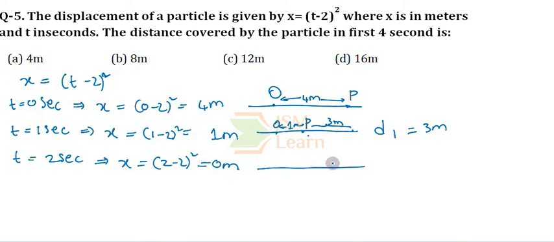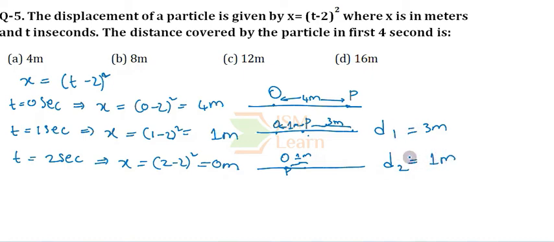This 0 displacement indicates that the particle which was at 1 meter displacement before now has displacement 0 with respect to point O. That means the particle is now at point O. So in order to reach point O, the particle P has to travel 1 meter of distance, because before, the displacement between them was 1 meter and now it is 0. So the distance traveled by the particle is 1 meter.